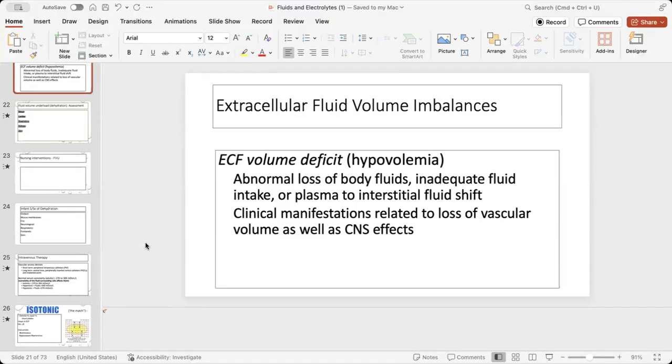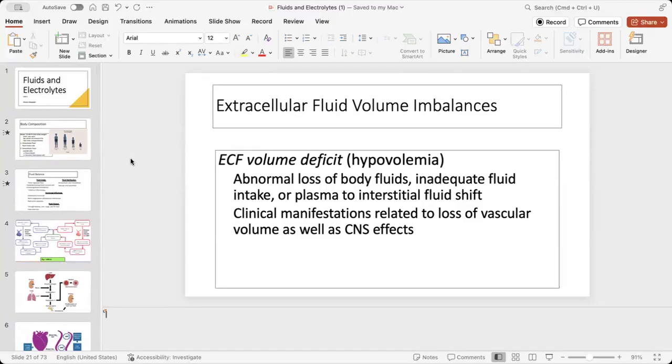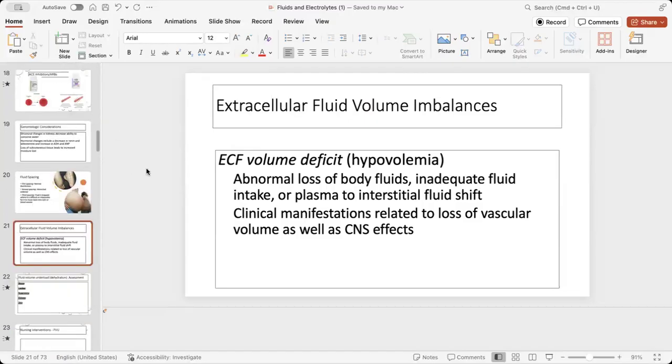Okay. So let's think about, how do we lose fluid? Give me an example of how we lose fluid. Vomiting. Urination. Hemorrhaging, like a trauma. Okay, those are big ones, right? Vomiting, diarrhea, a trauma, or a hemorrhage.